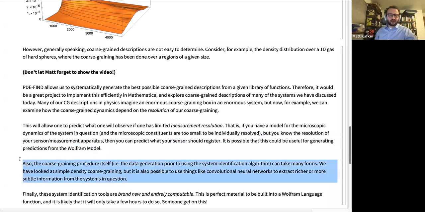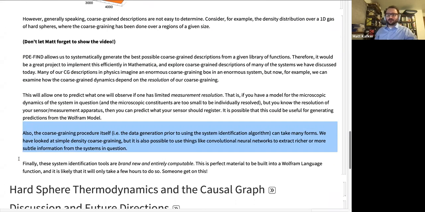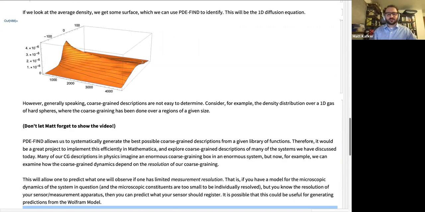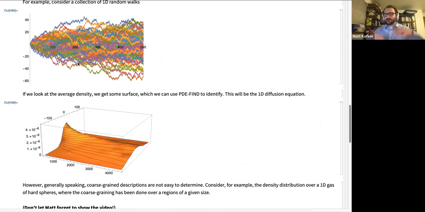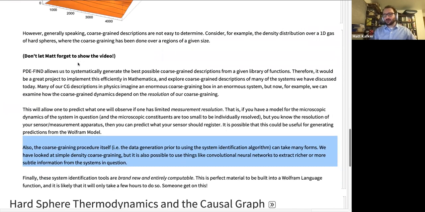And the other thing to say before we finally move out of this section and start talking about Wolfram physics, is you don't have to coarse grain using just density descriptions. Like this is a density description. And the crazy undulating hard sphere surface was also a density description. But you can do a lot of different things.